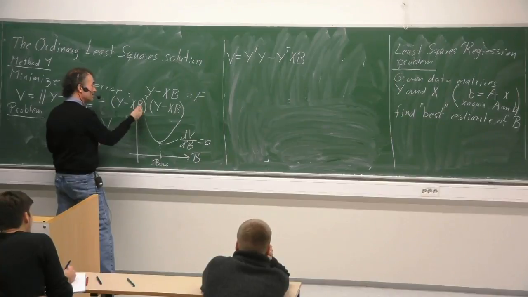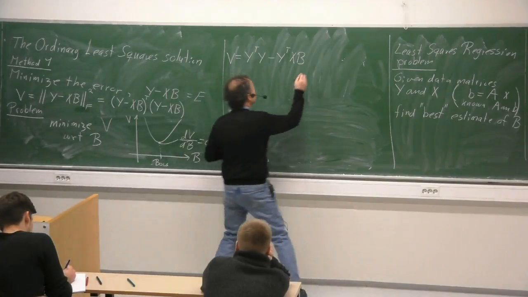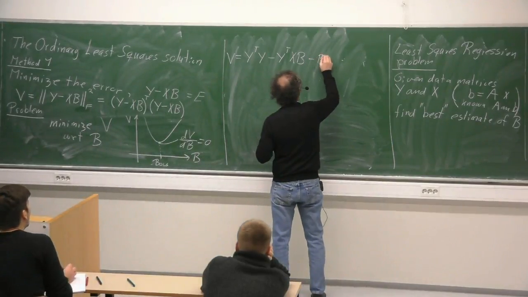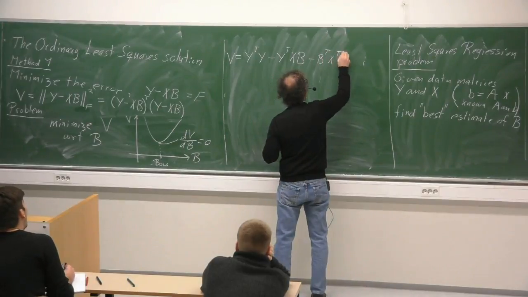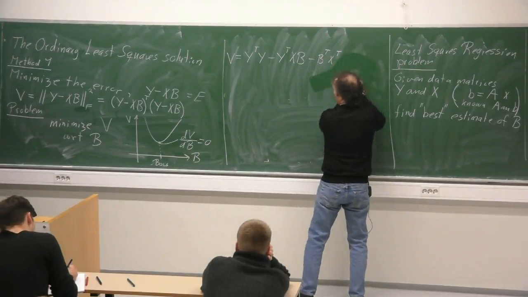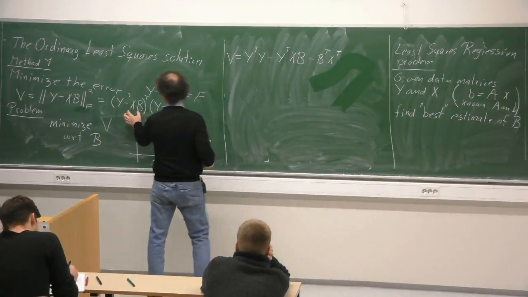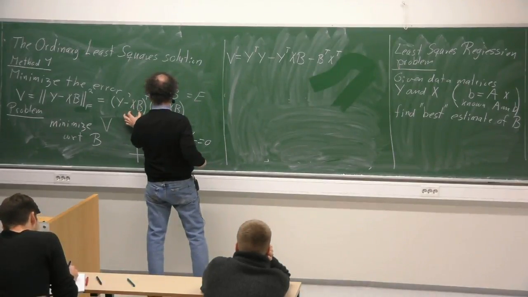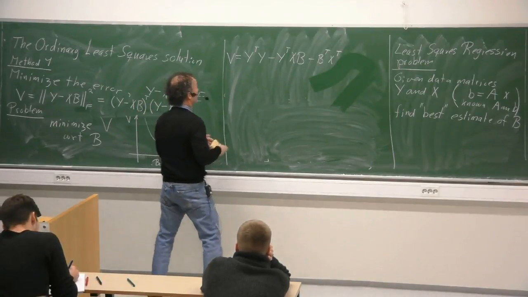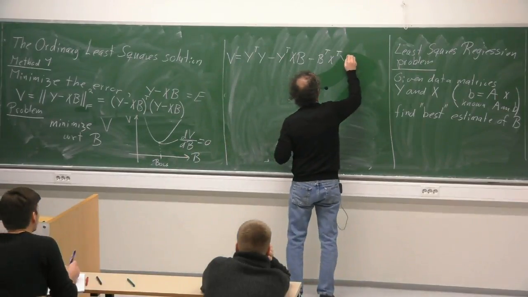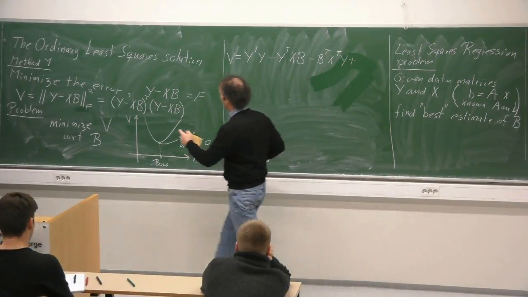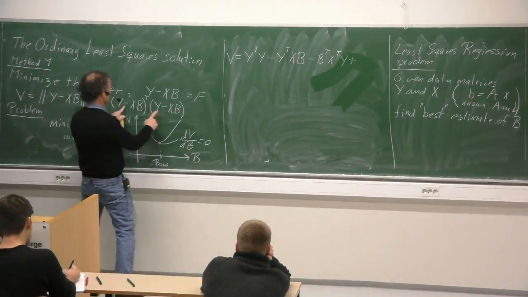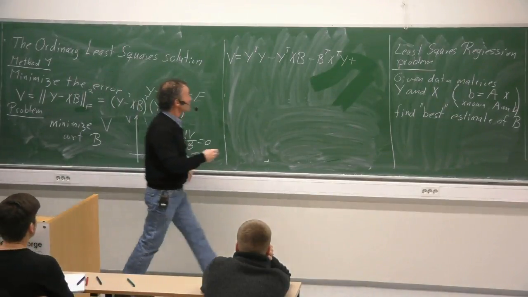And Xb transpose is simply then b transpose X transpose. That is the transpose of the product of X times b, times y. Plus then, because minus minus is plus, b transpose X transpose.